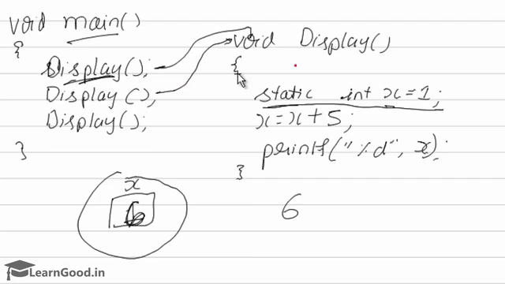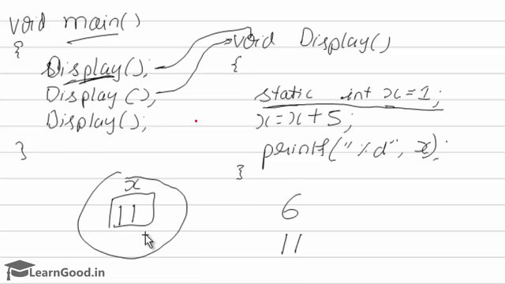Remaining calls it will skip. So directly it comes down here, x equals x plus 5. The present x value is 6, so 6 plus 5 is going to be 11. And when you say printf x, you'll get the output as 11. Again, when you come out of this place, that x value is still 11, it will be preserved as it is.